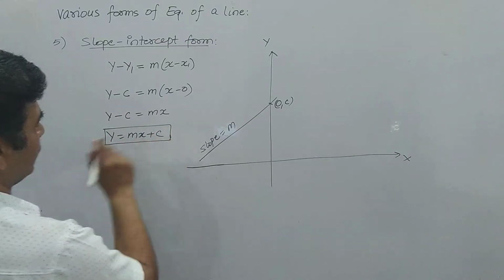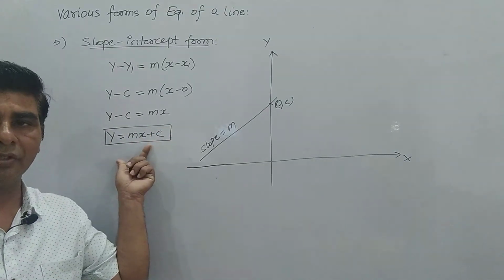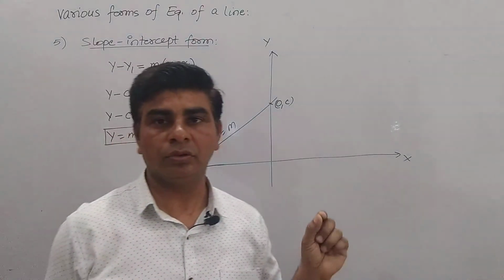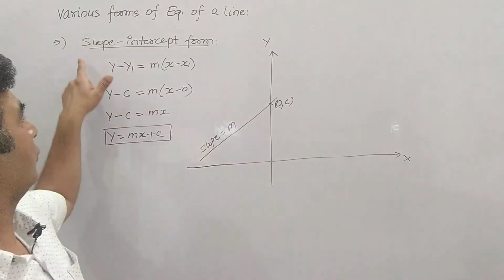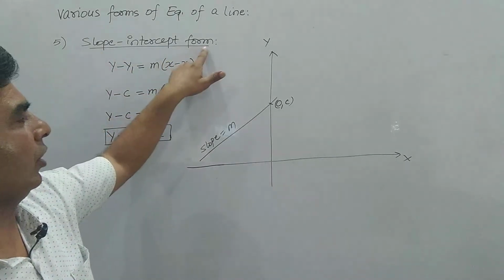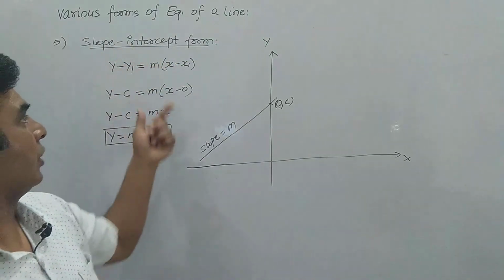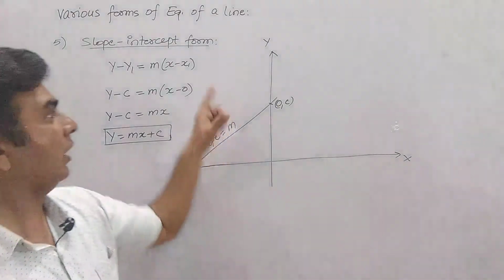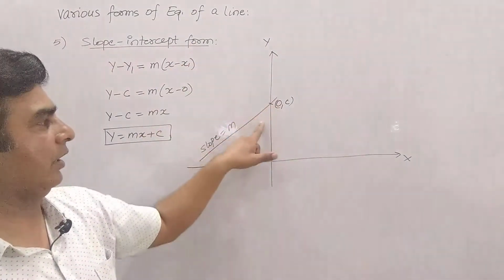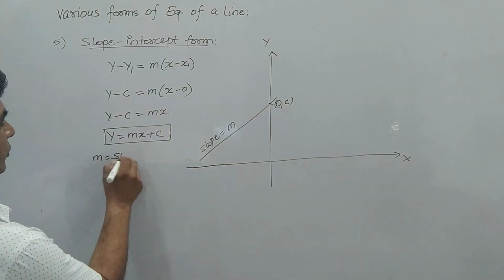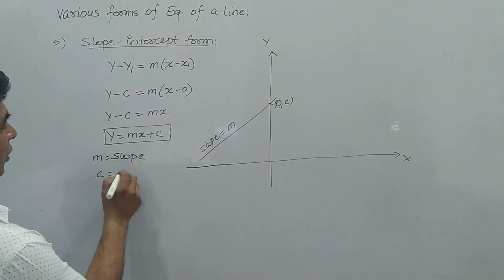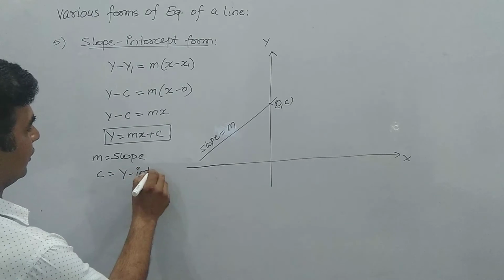So this is the equation of a line which is passing through the point (0, C) and having slope m, and this form is known as slope intercept form because the slope is given to you and the intercept made by the line with the y-axis is also given to you, where m is known as the slope and c is known as the y-intercept.